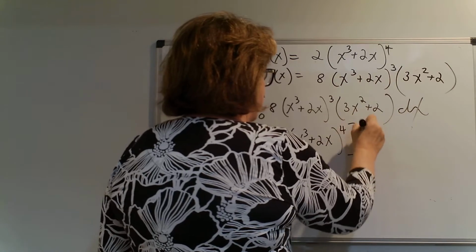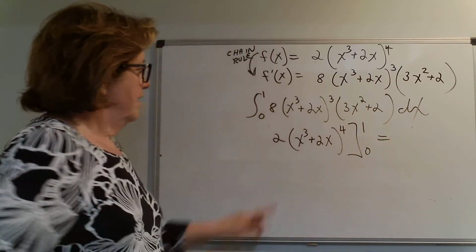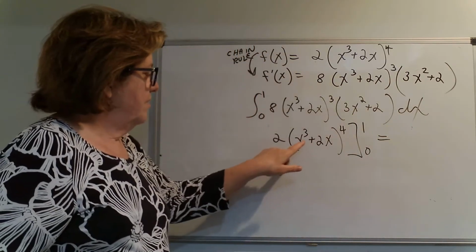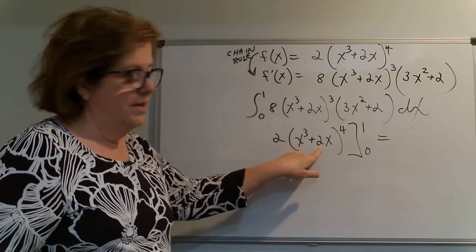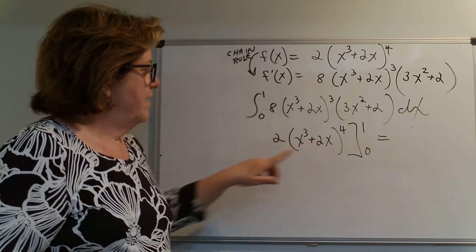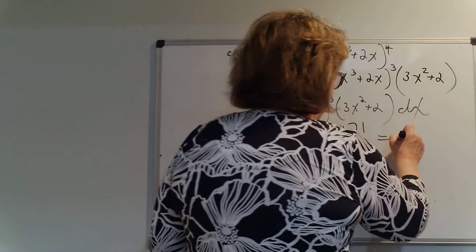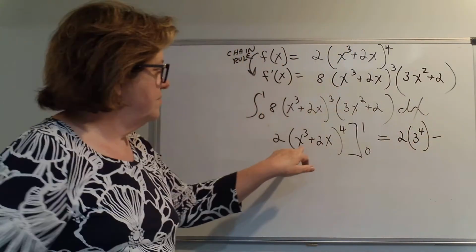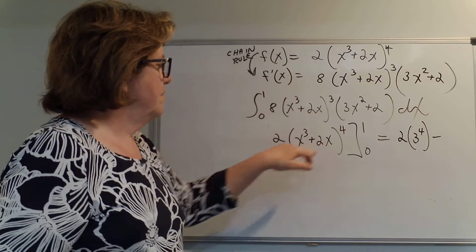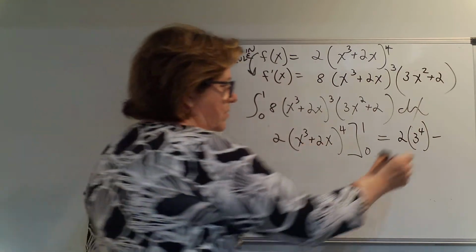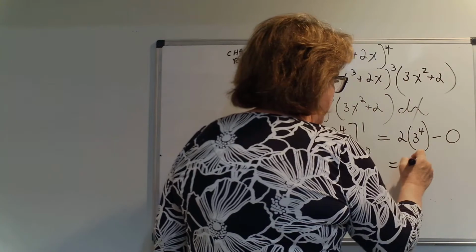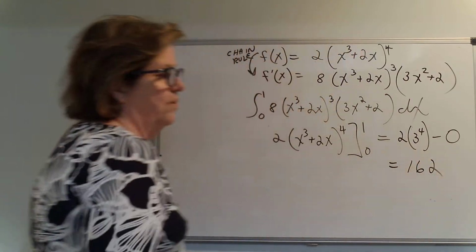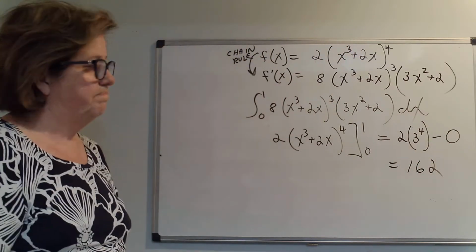Evaluate that from 0 to 1. If I put in a 1, I would get 1 plus 2 is 3. So I'd have 2 times 3 to the 4th minus, if I put in a 0, 0 plus 0 is 0, 2 times 0 is 0. So our answer would be 2 times 3 to the 4th, which is 162.